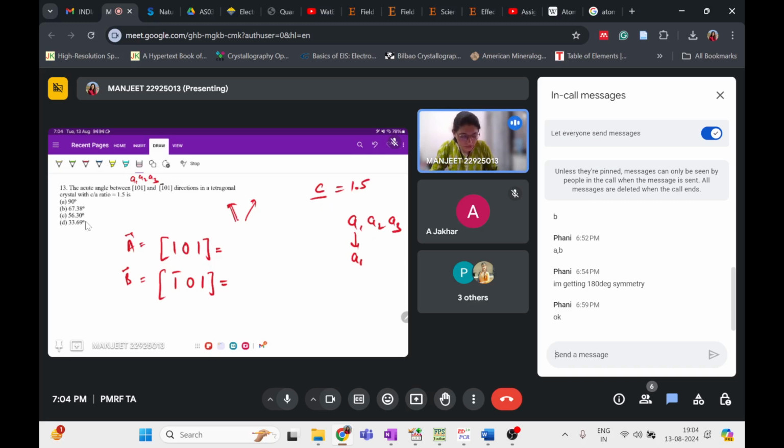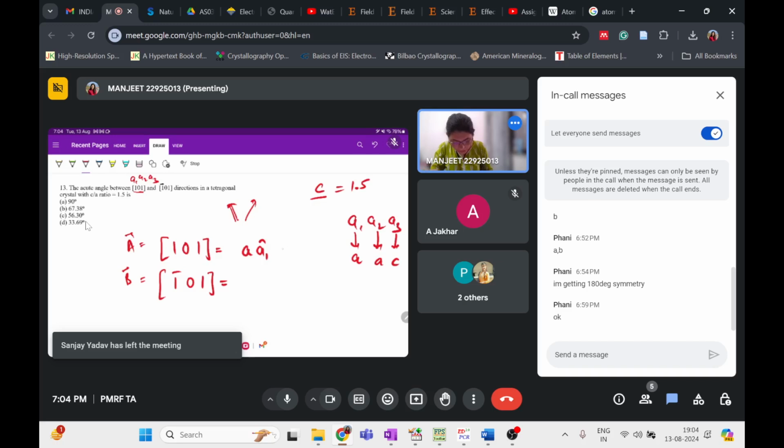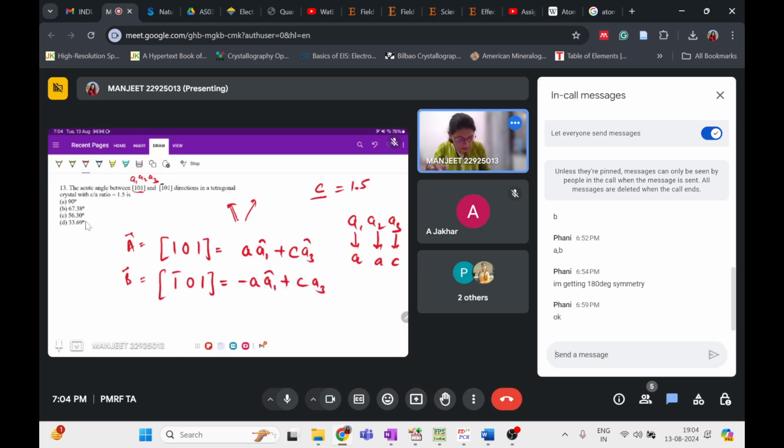So I have to consider this as a. In this direction the lattice constant is a, this is a and this is c, and we have to consider that along with this one. So it will become a1 cap plus c a3 cap. For this one it will become minus a1 cap plus c a3 cap.